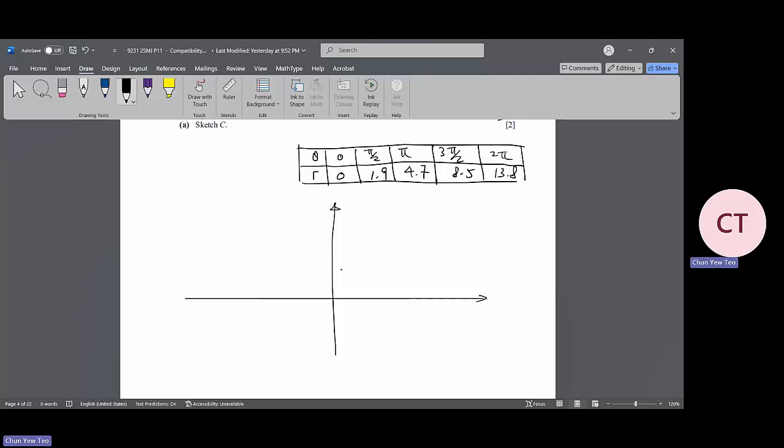Since I draw freehand, I'm not able to give a proper scale, so maybe we just need to sketch it carefully. The radius over here can go up to 13.8. So it's 2, 4, 6, 8, 10, 12, and 14.